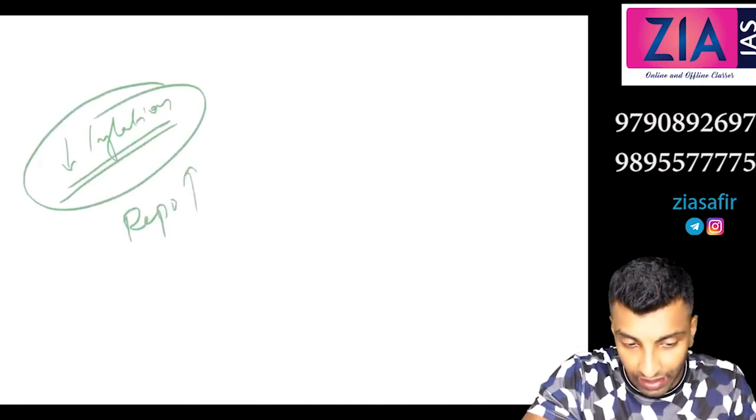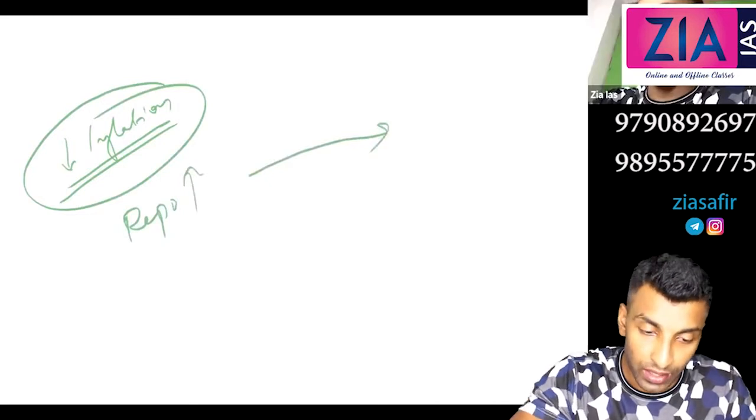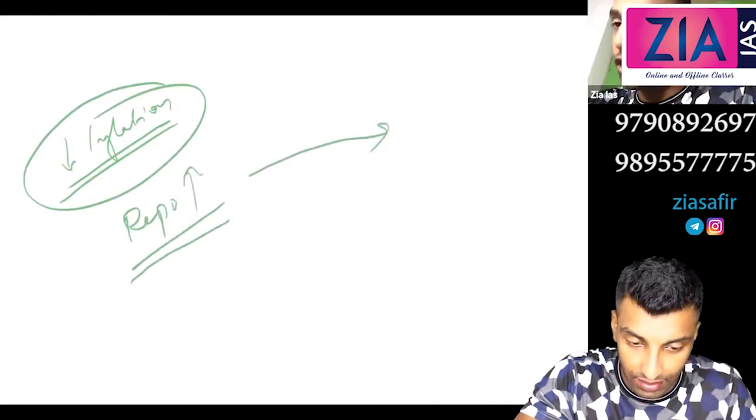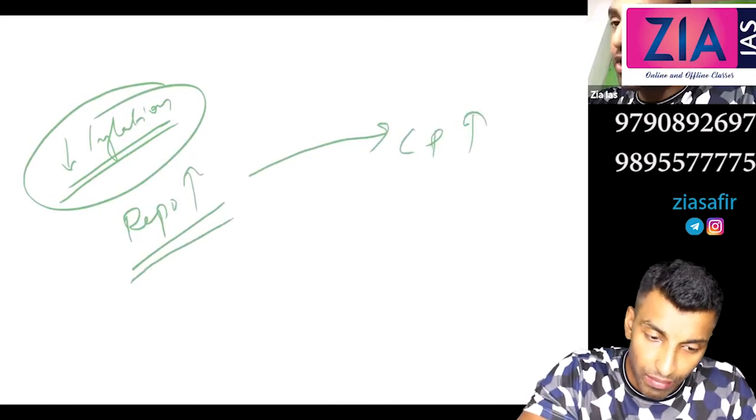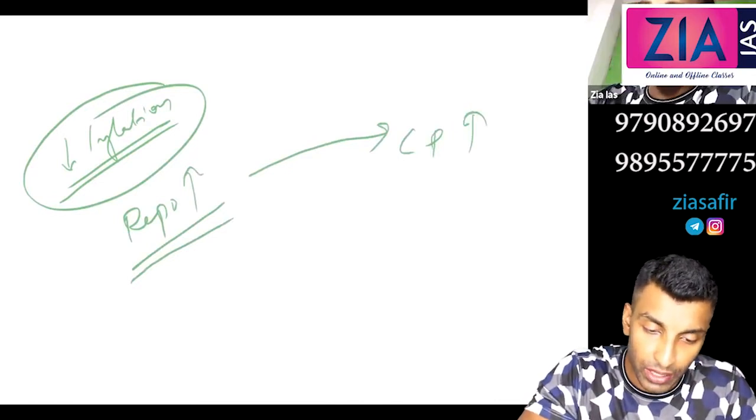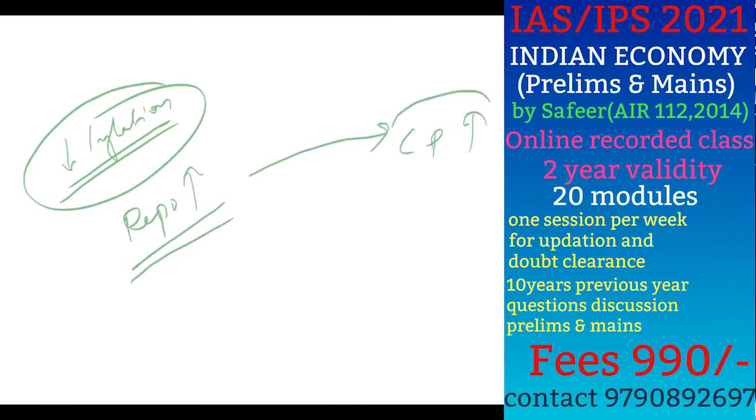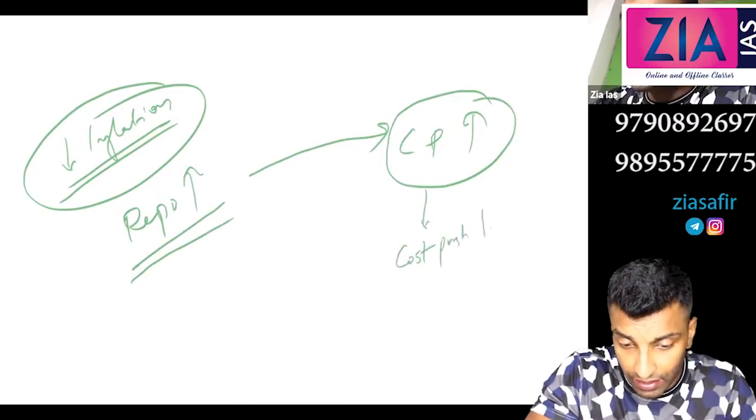But here what I'm saying, when you increase repo, the cost of production is increasing. Why? Because money is costing more, so cost of production is increasing. That leads to what? Cost push inflation, right?